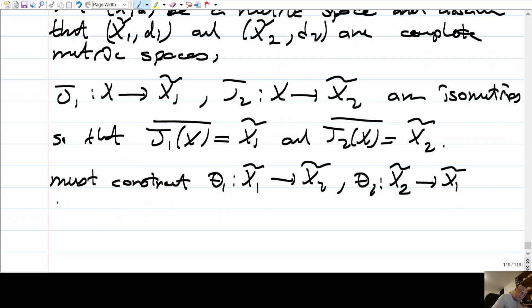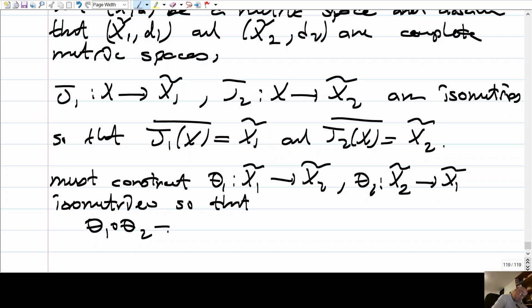These will be isometries, so that they will be inverses of each other. That is, if I compose theta 1 with theta 2, this is the identity function of x2 tilde, and this is the identity function of x1 tilde.